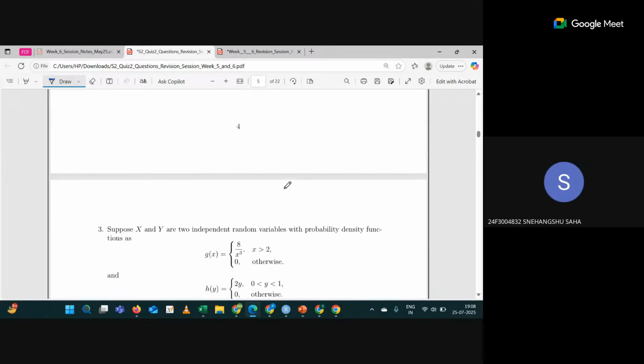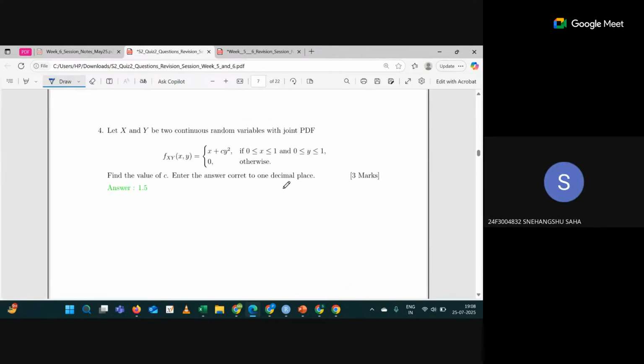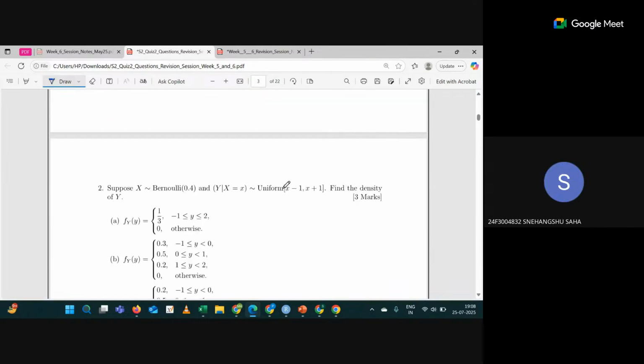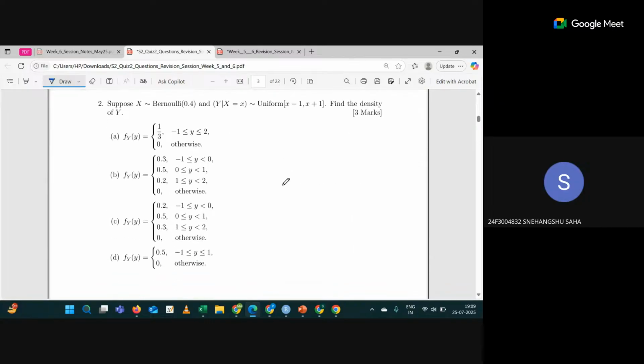Sir, one question. Instead of finding x equal to -1 given y equal to -1, if the reverse is given, that x is given as 1 and y is given as -1, then how do I go about solving it? Just substitute the values.